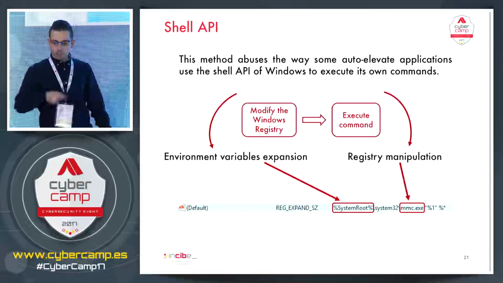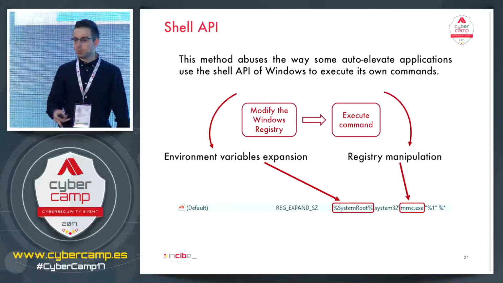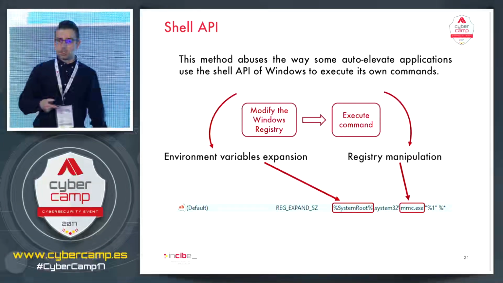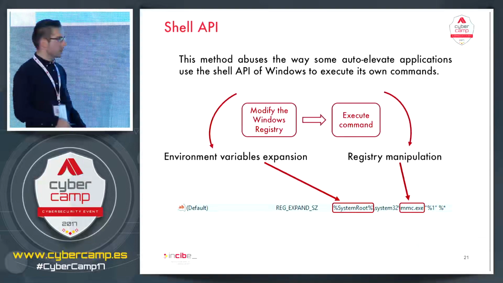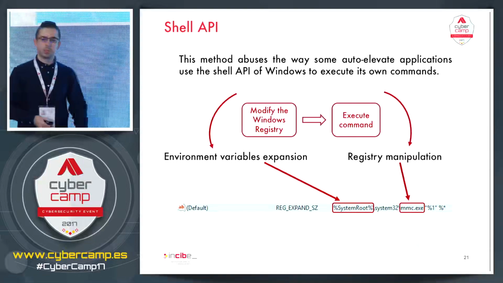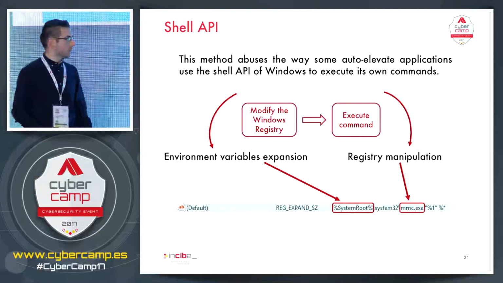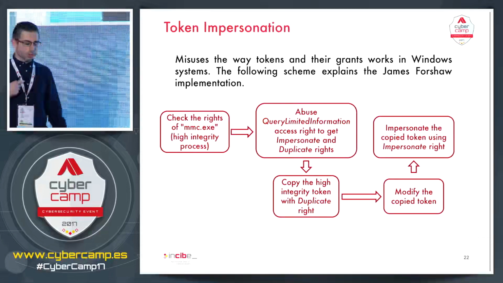If they modified the second part, the variable wouldn't point at mmc.exe but to a different thing. Executing that command with the shell API, the user account control wouldn't have been a barrier to it.